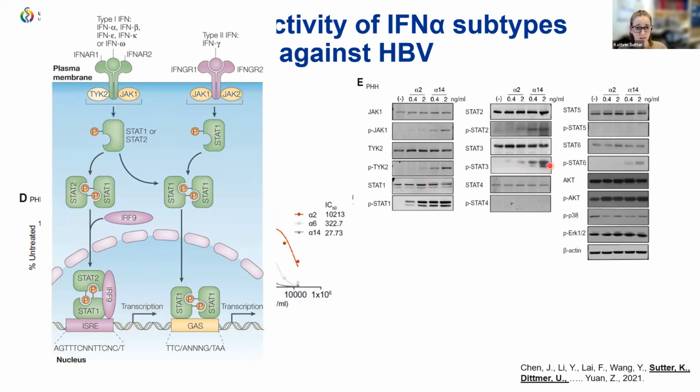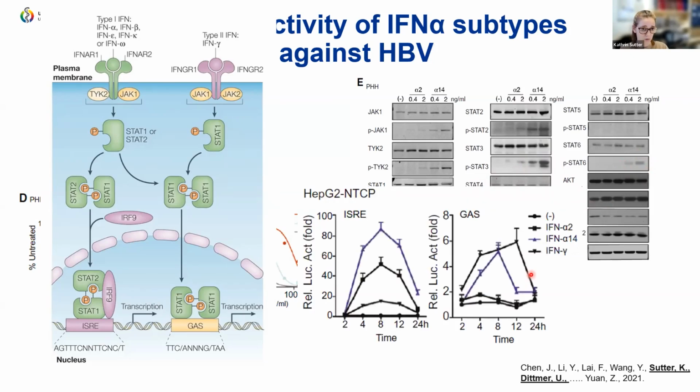However, what you can nicely see here is that treatment with alpha 14 and not with alpha 2 strongly activated the STAT3 pathway and also the STAT6 pathway, indicating that in contrast to interferon alpha-2, alpha-14 can also activate other pathways. So this is really important.